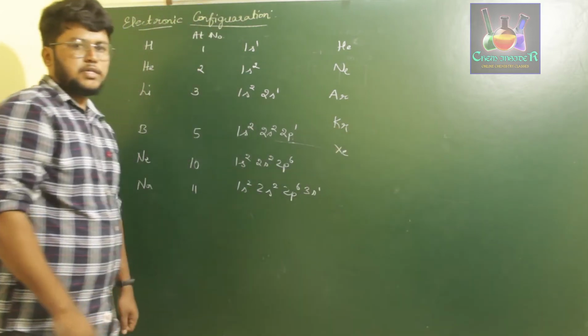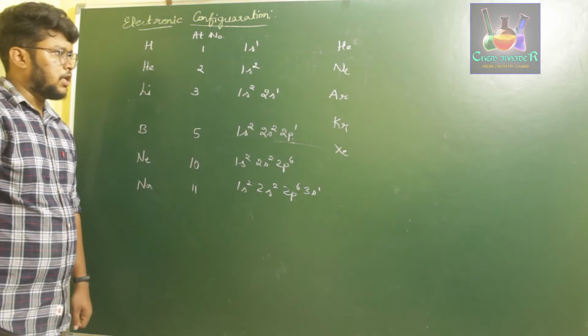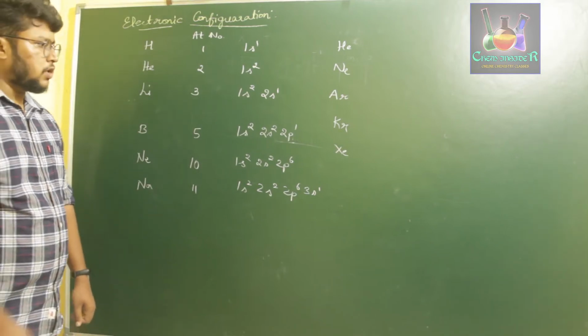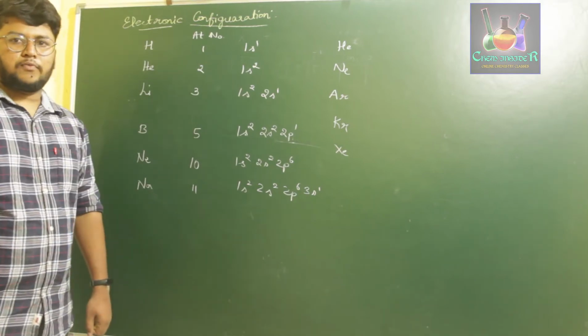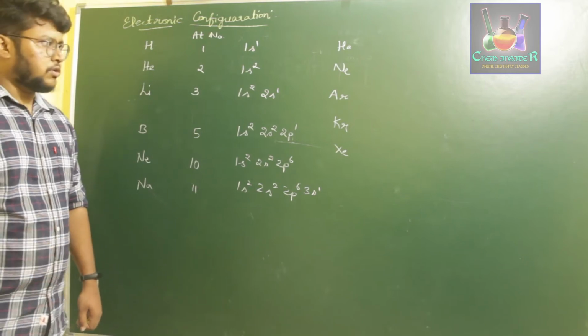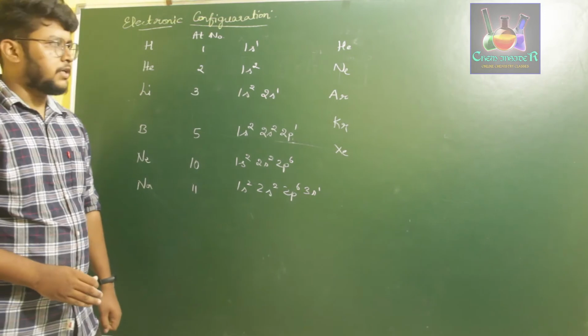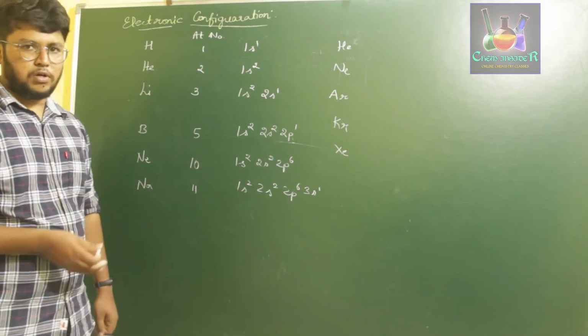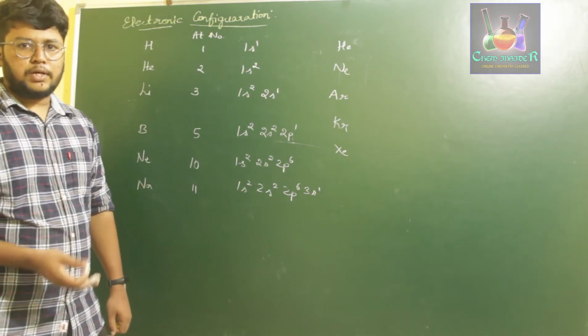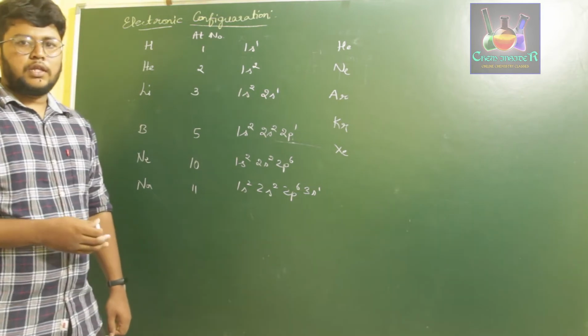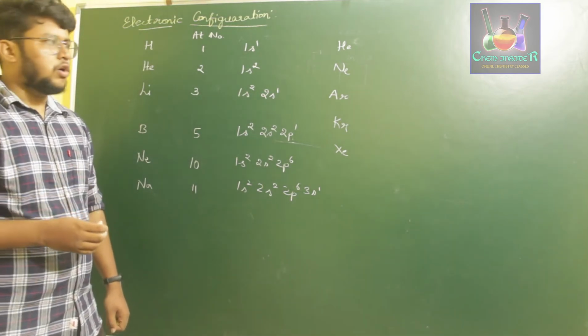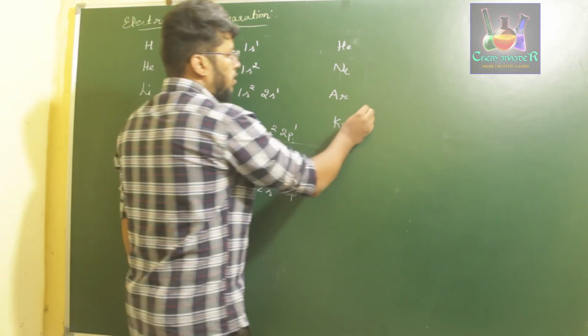These noble gases have their outermost shell completely filled. That is, their outermost orbital is completely filled with the maximum number of electrons. For elements such as helium, neon, argon, krypton, xenon, which have their outermost orbital completely filled, those filled electrons are called core electrons.